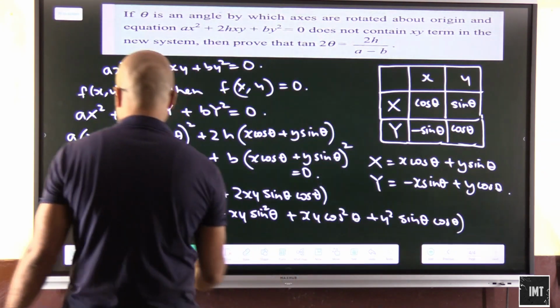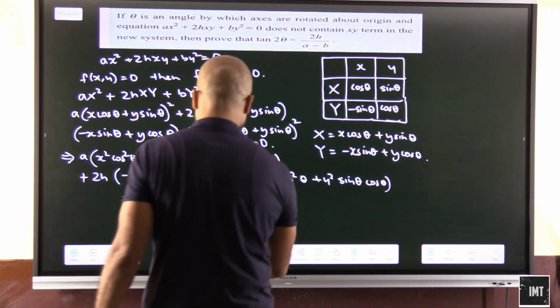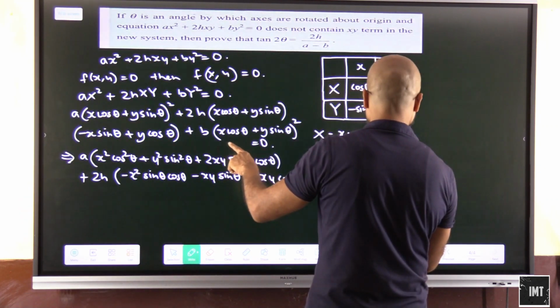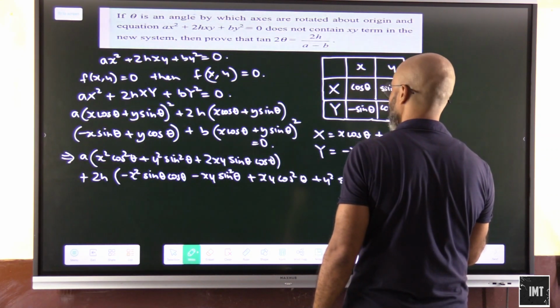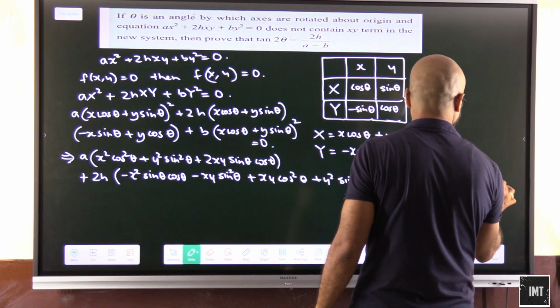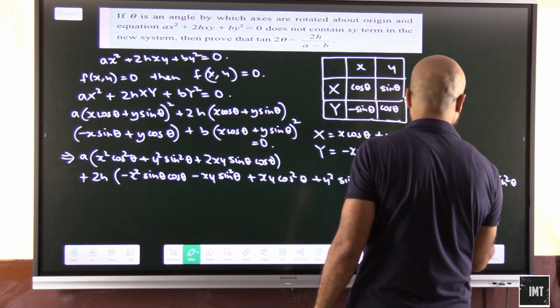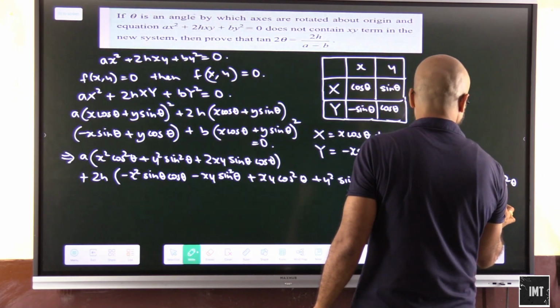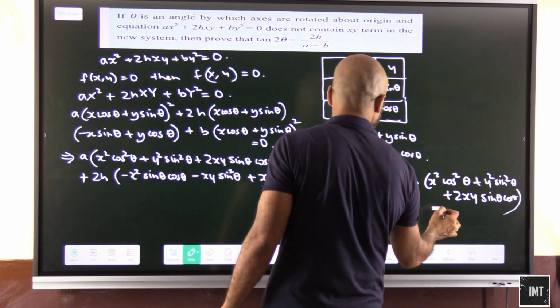And we have another term here to be completed: b into x square cos square theta plus y square sin square theta plus 2xy sin theta cos theta. Okay, this is equal to 0.